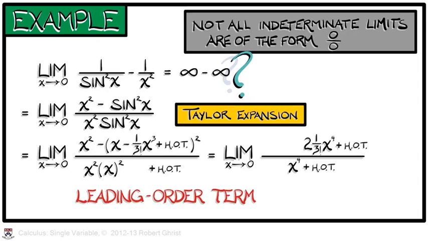Likewise, in the denominator, we see that the leading order term is simply x to the 4th. Thus, canceling the x to the 4ths gives us leading order coefficients of 1/3 in the numerator and 1 in the denominator. Our answer is 1/3.